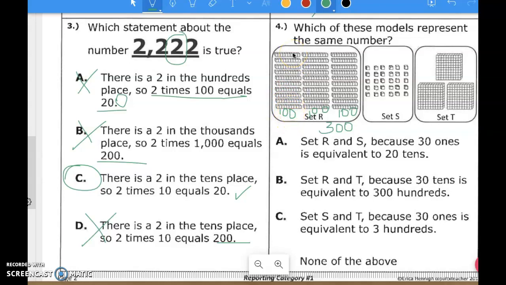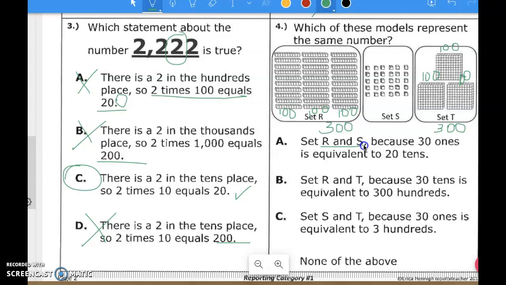Or I can count by tens if I want to. 10, 20, 30, 40, 50, 60, 70, 80, 90, 100. I know these are also 100 because that's a big cube. And these are 100. And these are 100. And altogether, they make 300. So I already know the answer for this one.